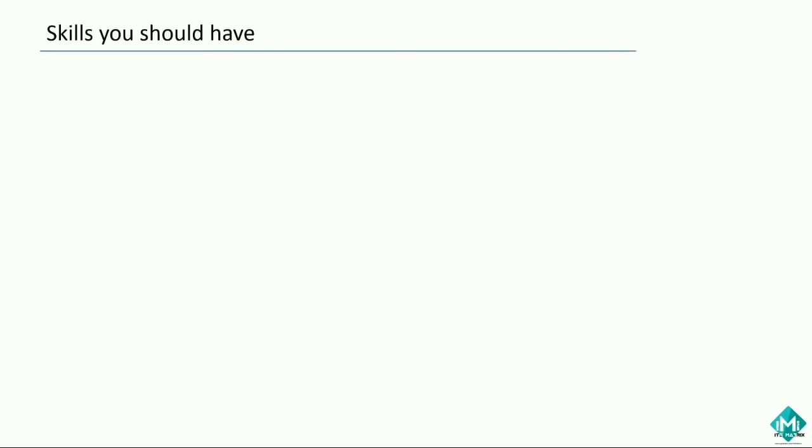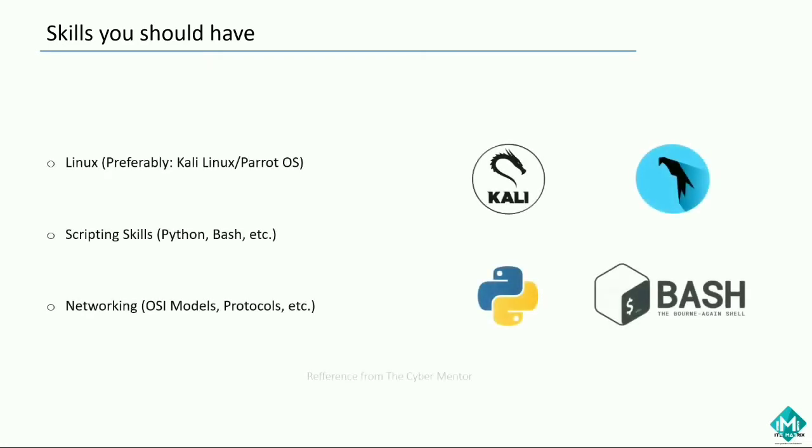Now coming to the next part, we have the skills that you should have before you start learning ethical hacking. So the basic skill that you should have is the Linux operating system. You should understand how a Linux operating system works. Now, I would prefer that you use Kali Linux or Parrot OS. You should be able to use any of these operating systems.